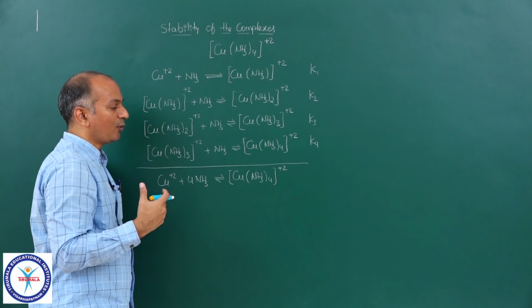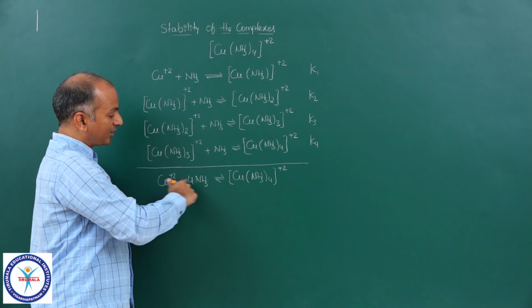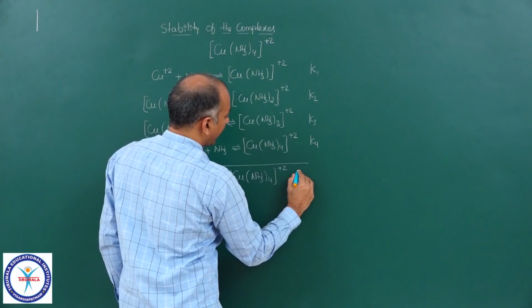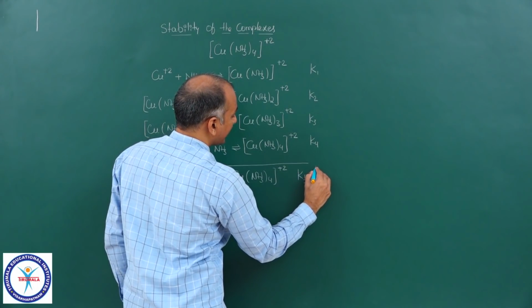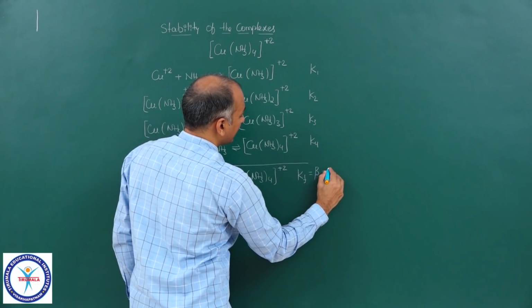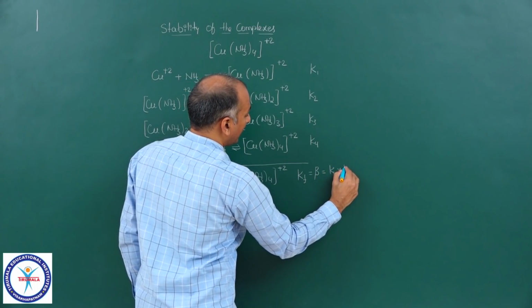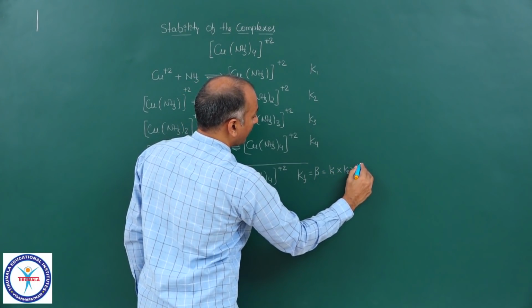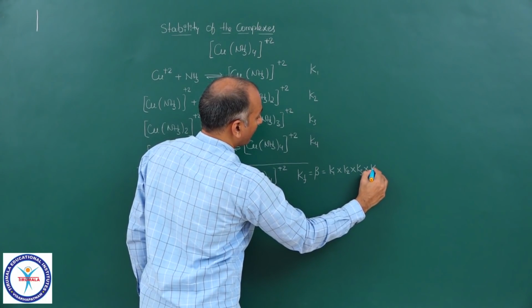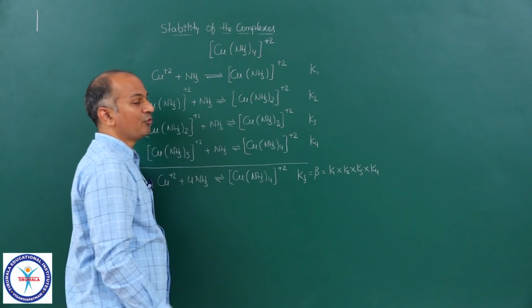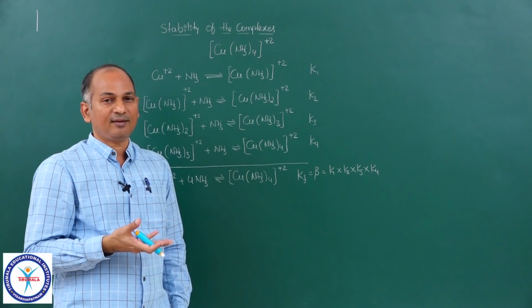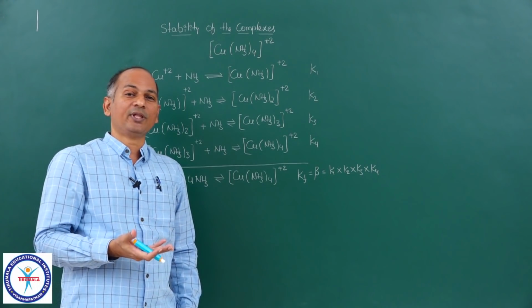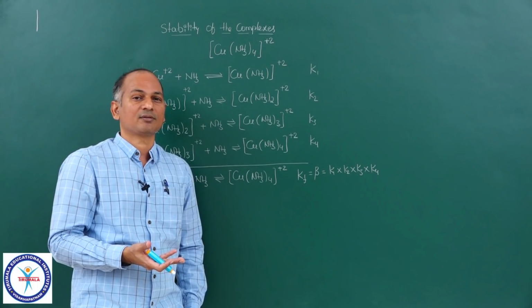Now if you call the overall equilibrium constant of the overall reaction Kf, some people also call it beta. So obviously that is equal to K1 into K2 into K3 into K4. When you add the reversible reactions, their equilibrium constants multiply to give the overall equilibrium constant.